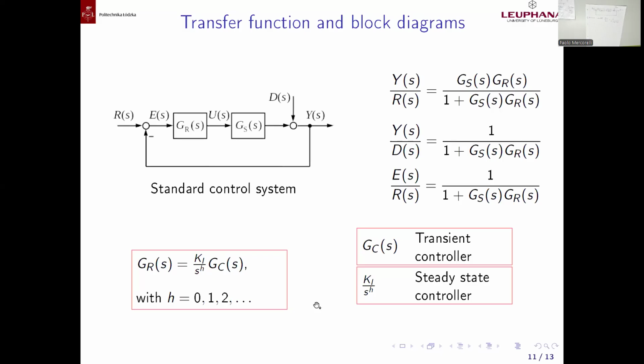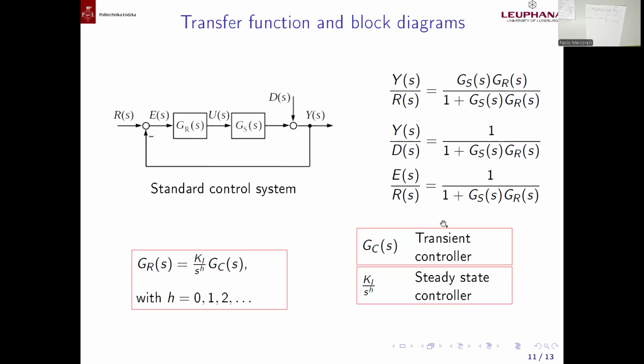For all possible transfer functions in the loop, we have here 3 transfer functions. The first and the last one, you can find here in the presentation with all calculations. This one in the middle I will present today because it's not there. But we can see for all possible transfer functions which I can conceive in the loop, the denominator is the same. Very important to keep in mind this.